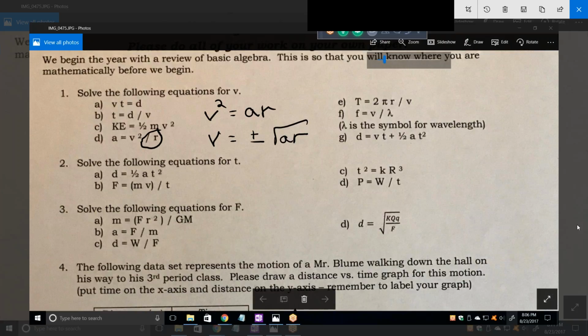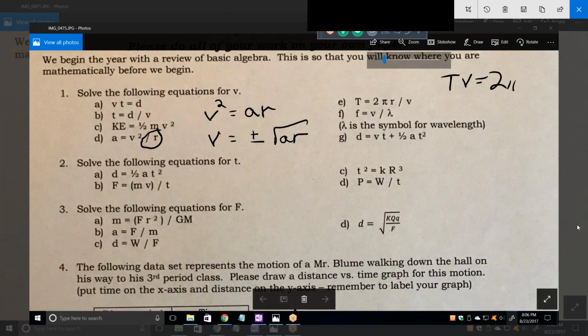Oh, wow, there's more up here on the right. I didn't see those. V is in the denominator, right? So what's the first thing we need to do? Multiply by V. What's the next line? So it'd be TV is equal to 2 pi r.